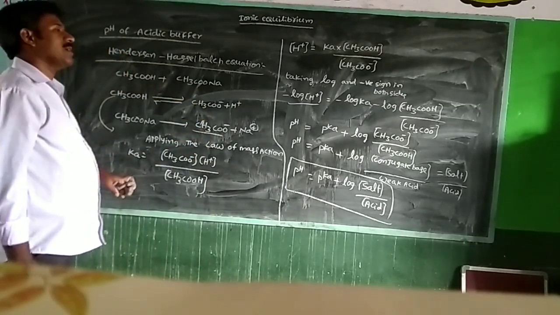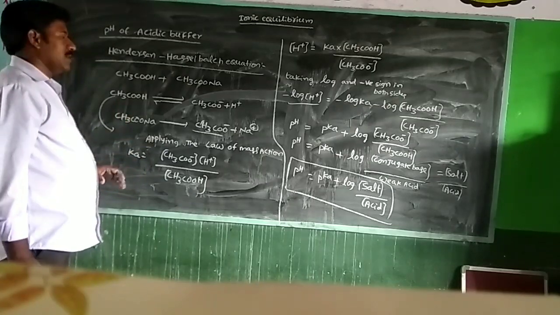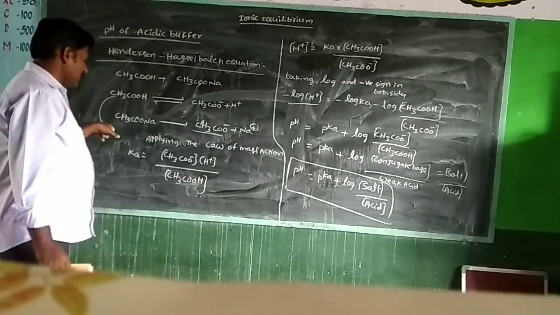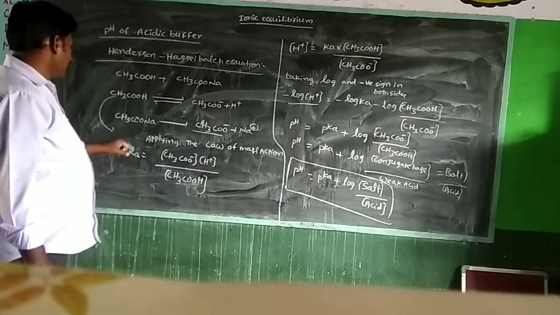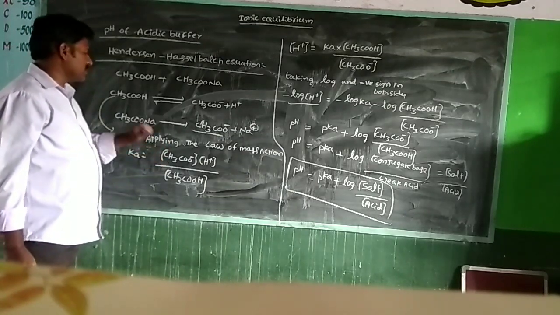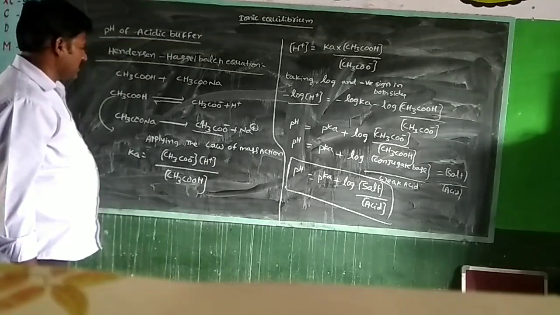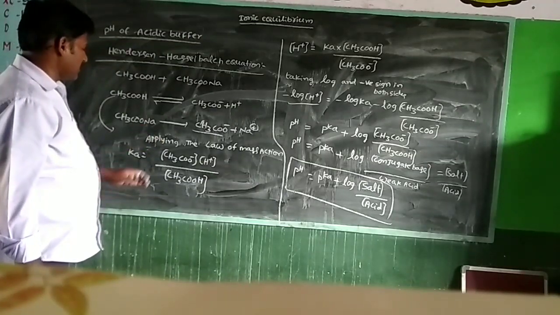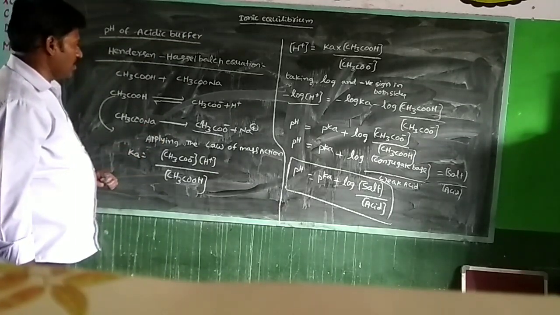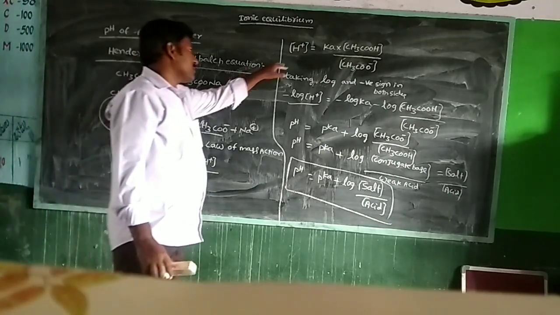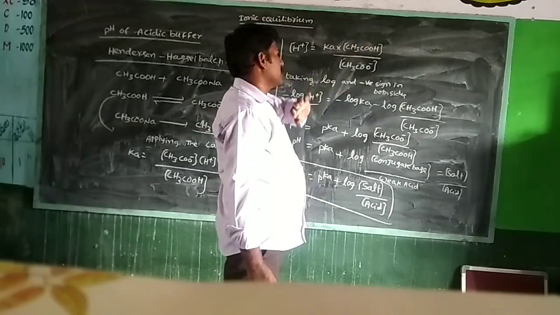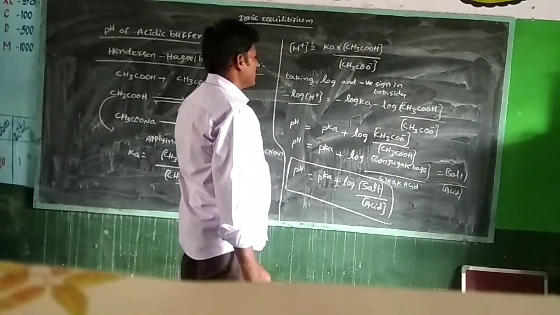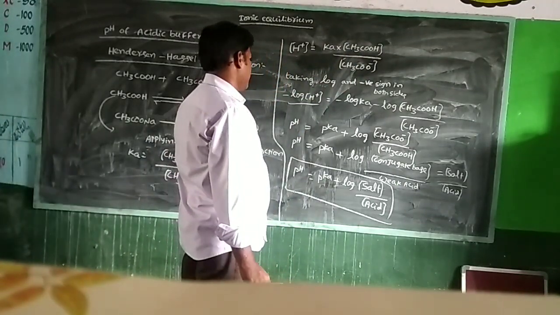To find the H plus ion, take the acetic acid and apply the law of mass action. Ka is equal to CH3COO minus concentration and H plus concentration upon CH3COOH. Then H plus is equal to Ka into CH3COOH concentration upon CH3COO minus.